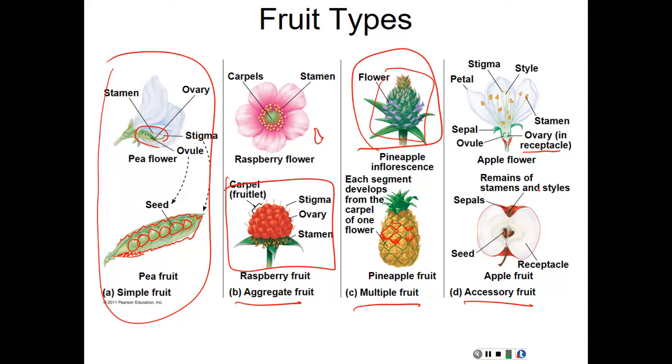And it actually is this receptacle that gets fleshy and sugary and sweet and becomes most of the tissue of the apple. The ovary wall itself is that leathery part that is not very interesting to eat.